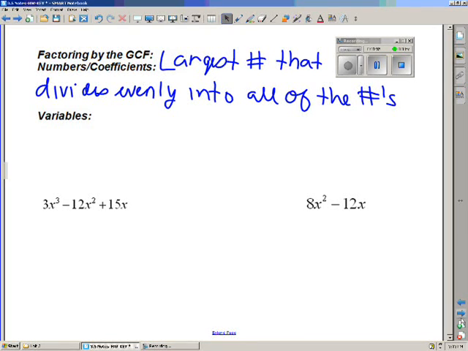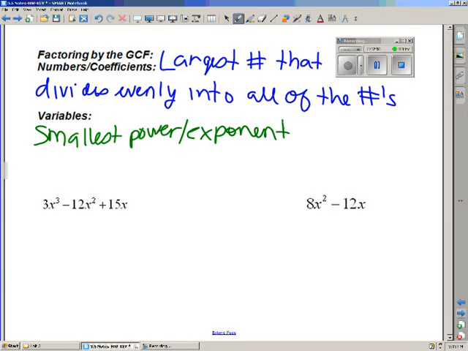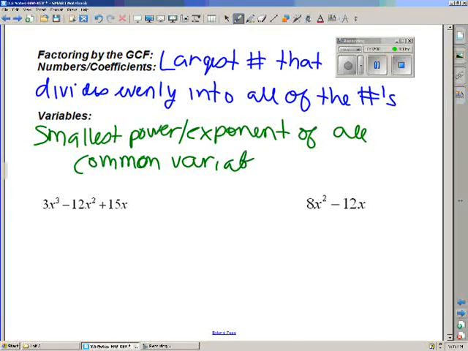In terms of variables, when you're being asked for a GCF, what you want there is the smallest power. Remember, that's just an exponent of all common variables. So that's going to be your GCF in terms of variables.